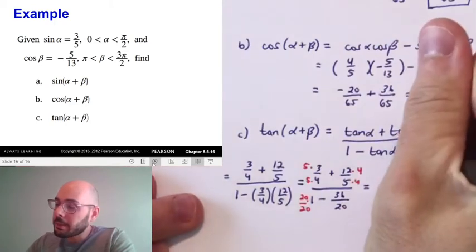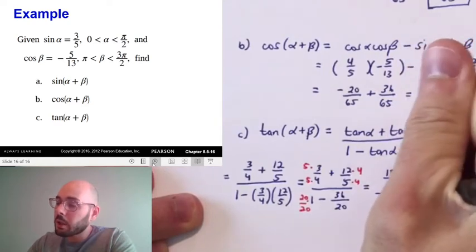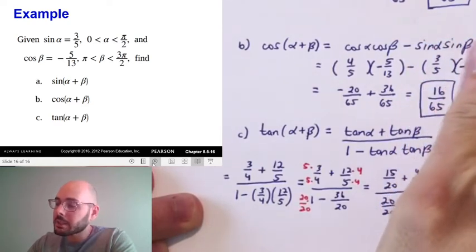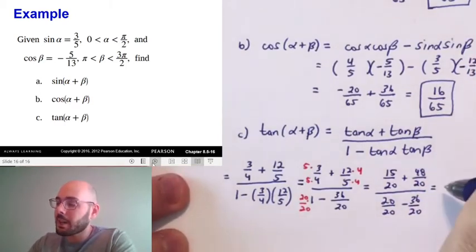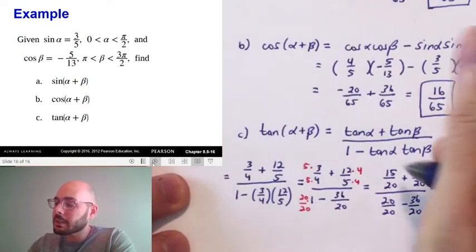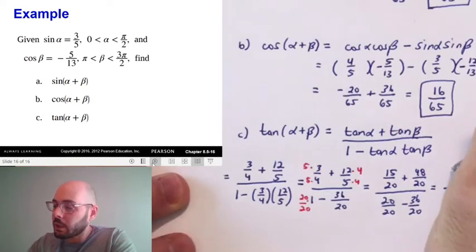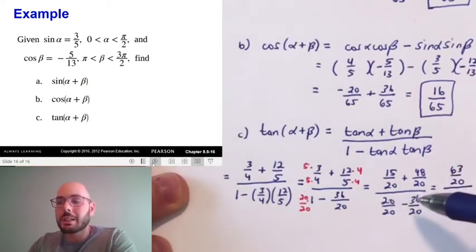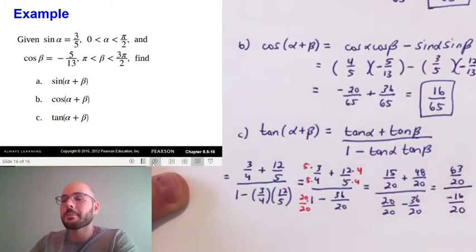So this will become 15 over 20 plus 48 over 20, all over 20 over 20 minus 36 over 20. Now we can combine those together because they have common denominators. We get 15 plus 48, that is 63 over 20. And on the bottom, 20 minus 36 is negative 16 over 20.